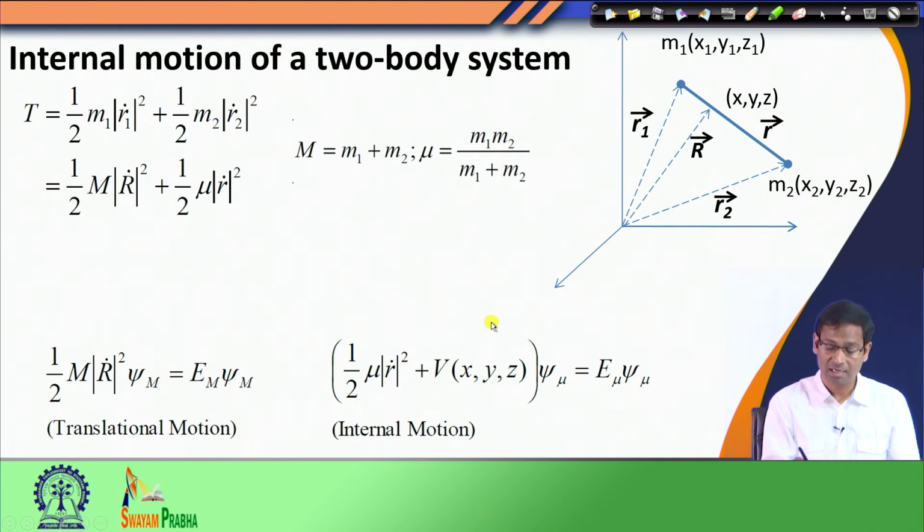In that case, the potential term can be incorporated into the Hamiltonian, like you have kinetic energy and the potential energy, and overall I can solve the Schrodinger equation. Translational motion and the internal motion can be solved separately. I need not worry about the translational motion, because if you look carefully, this resembles the particle in a box type of problem. So, I know its solution. So, I would be more interested in solving the problem like this.